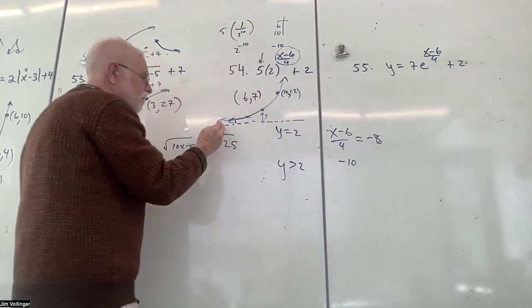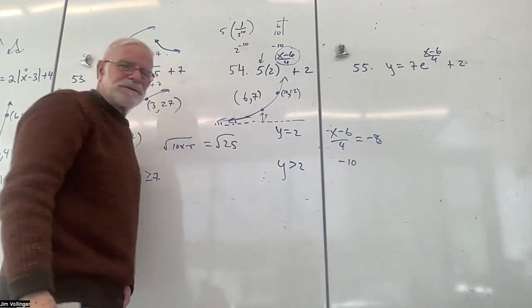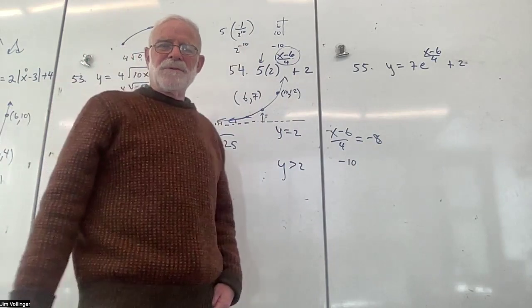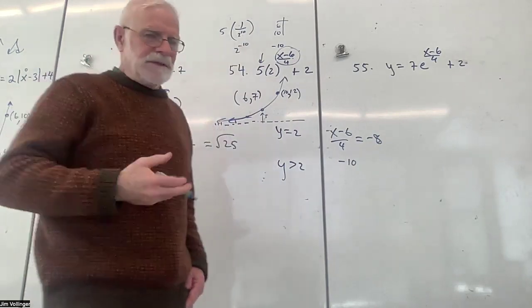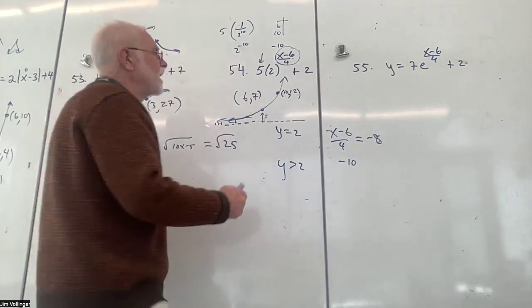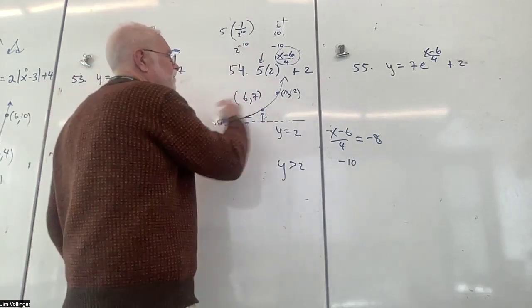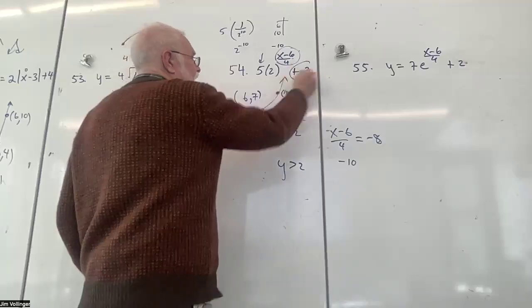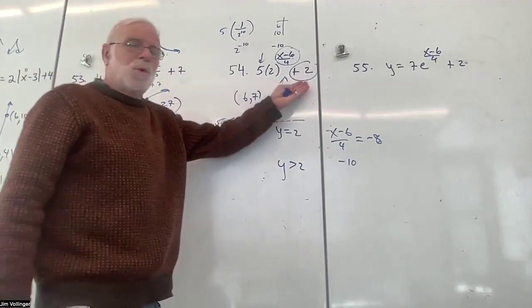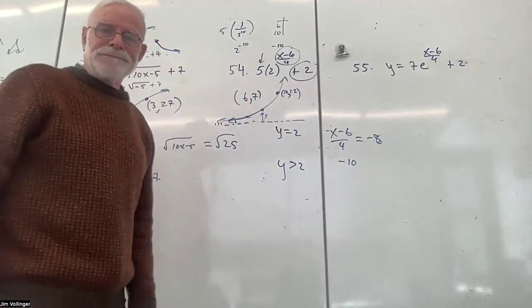And I hope you can see that smaller differentials, cut in half, cut in half, cut in half. I'm cutting each of those differentials in half. And if you cut something in half, it eventually disappears. So we have a disappearing act as we move to the left on top of 2. That 2 is not going to disappear. Doesn't matter what numbers I pick for x, that 2 is going to be there.